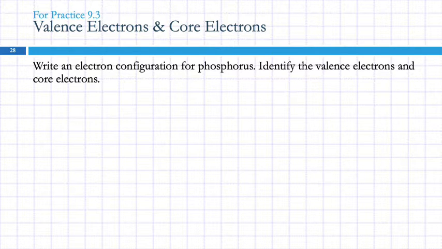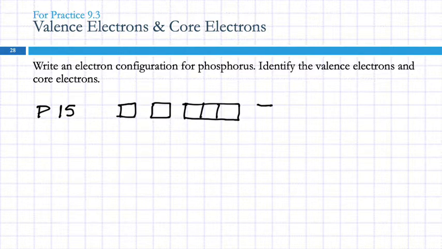Okay, let's write an electron configuration for phosphorus and identify the valence electrons and the core electrons. Phosphorus, how many electrons? 15. I'm going to draw an orbital diagram here as well, just because I like them.